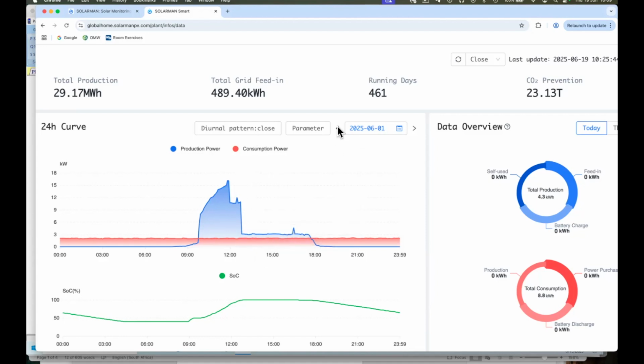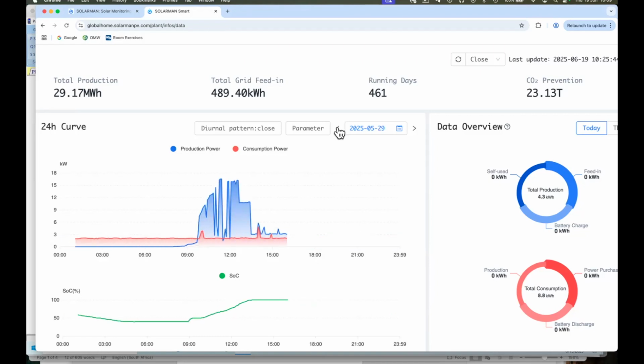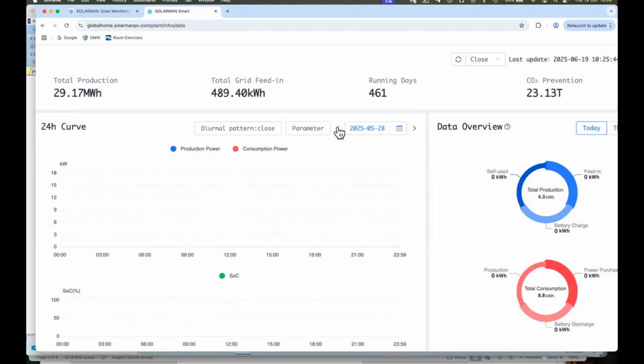Have a look at the previous day, and the previous day, and the previous day, and the 28th, and the 27th. Fine, we've got some bad weather over there.